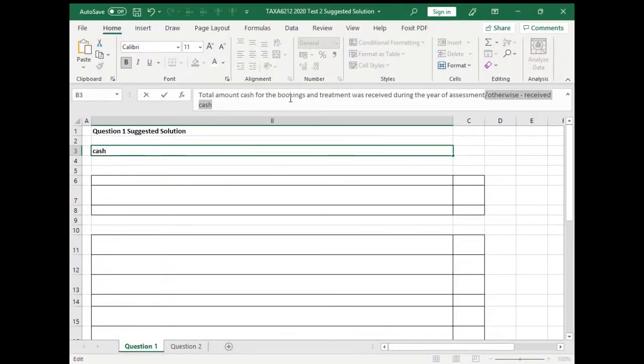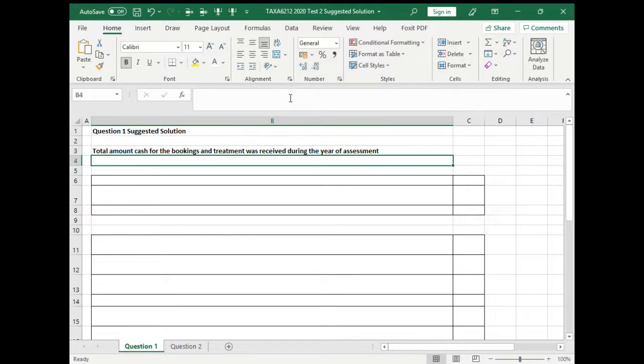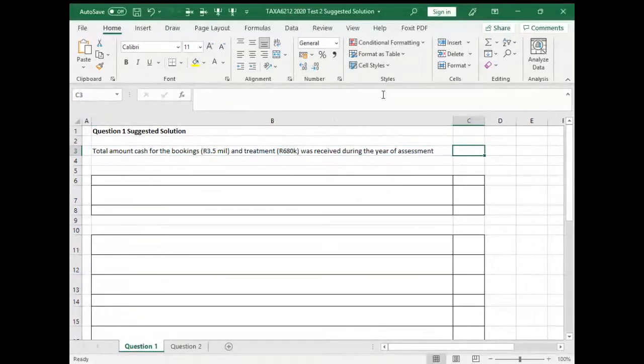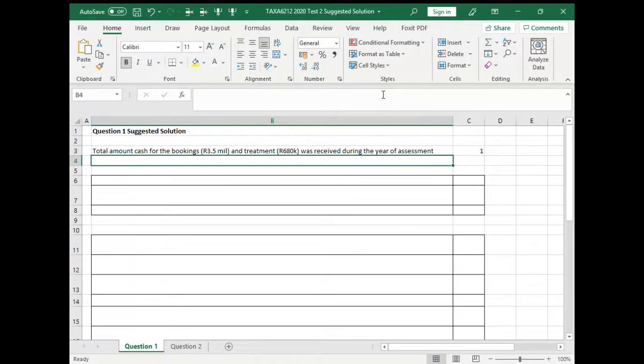So you literally just note that a total amount of cash for the bookings and treatments was received during the year. You can include in here that for the bookings it was 3.5 million, I'm just going to abbreviate it, and for the treatments was 680K. So you just note that and you would have received a mark for that.